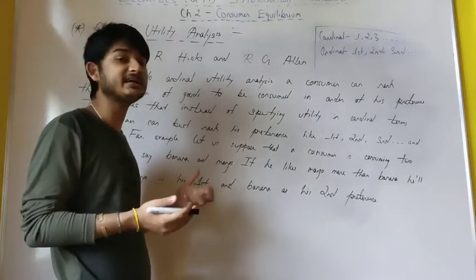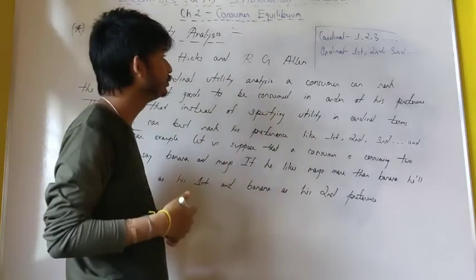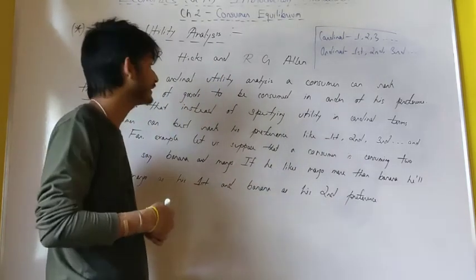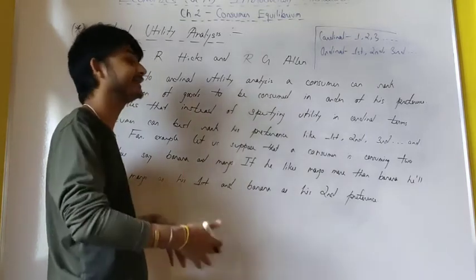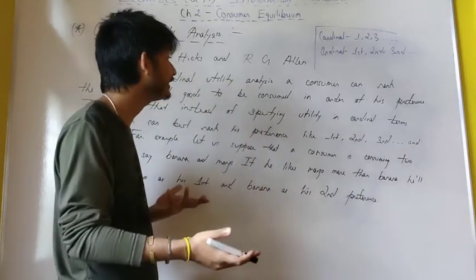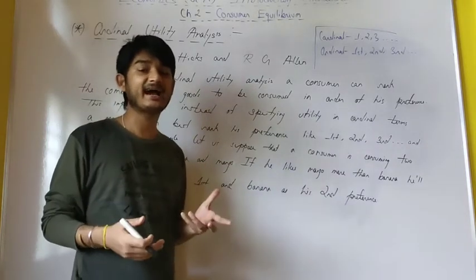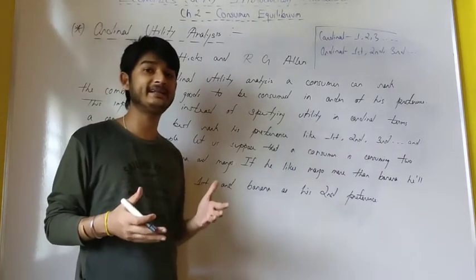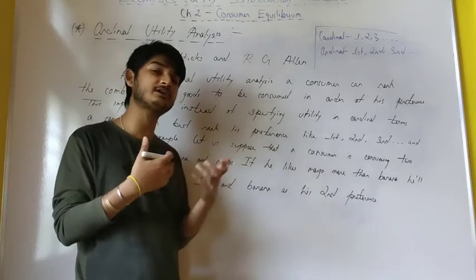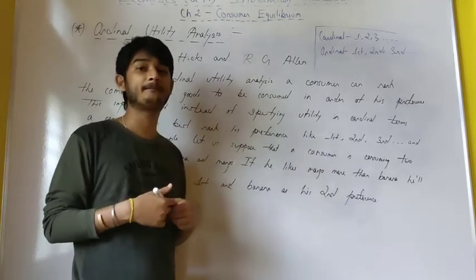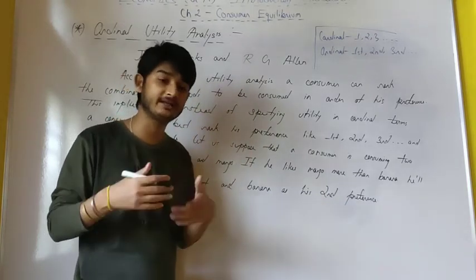Rather, I can say that I like blue ink more than the black ink, or the other way around, I like the black ink more than the blue ink. So this gives me a much more practical idea, and this kind of concept is generally used in practical life also, in our day-to-day life also.